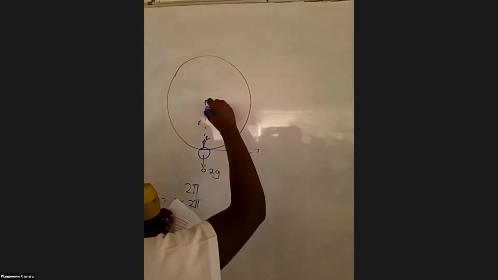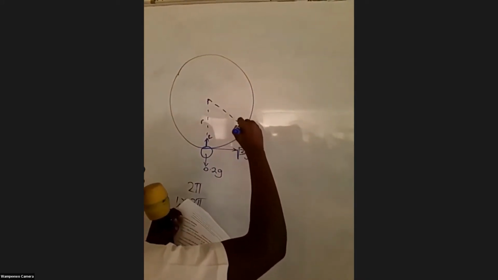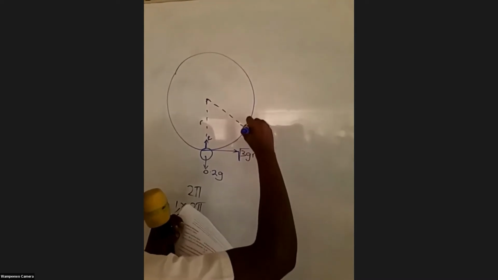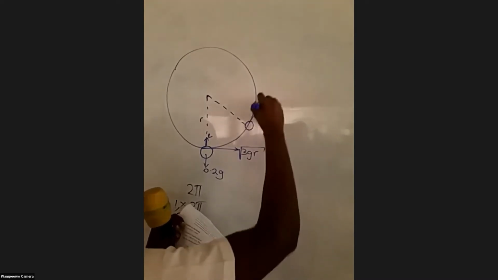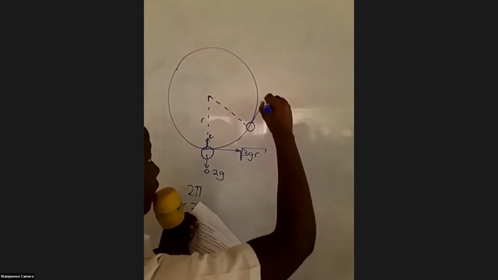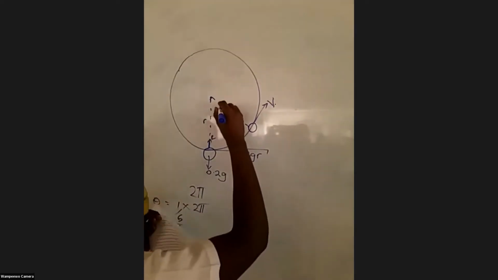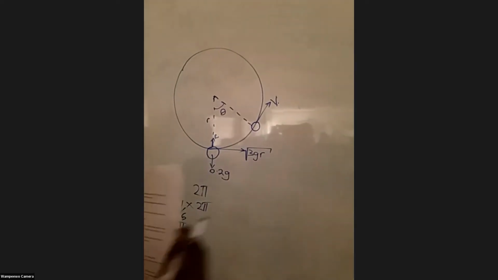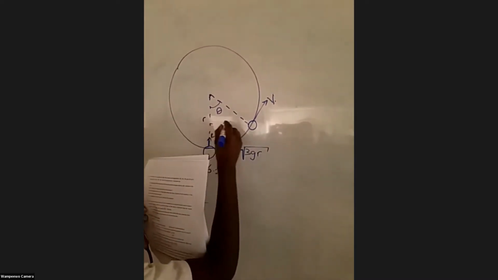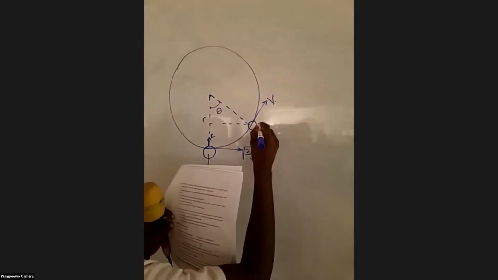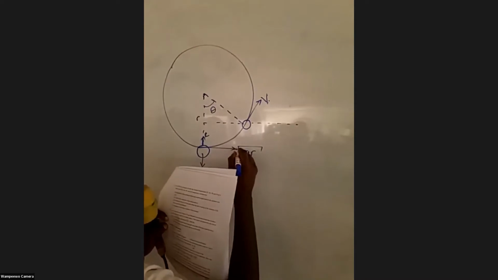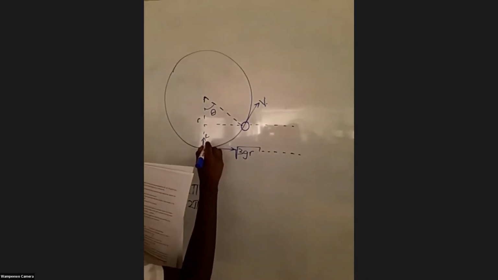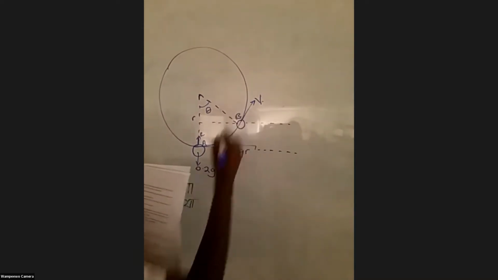If it has moved a sixth way, let it be at such a point with now a speed v. That is our theta. We are going to use the principle of conservation of energy. Let me call this point A and this point B.